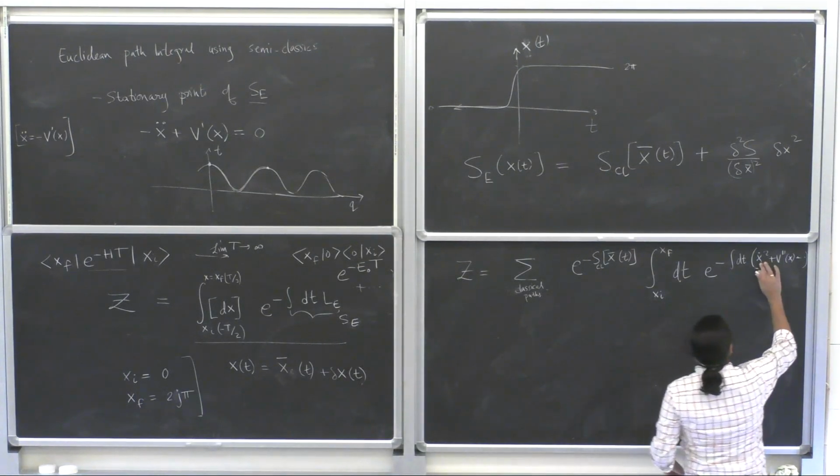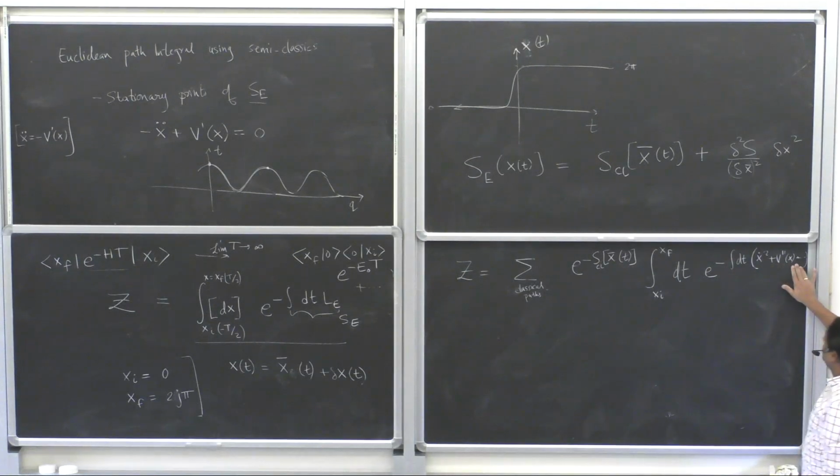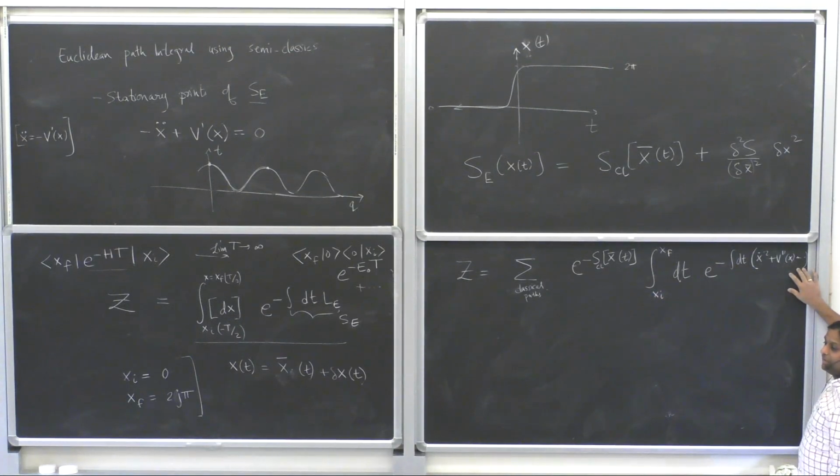So these delta x's are small, and it's the classical path plus small fluctuations around the classical path that give us the path integral.